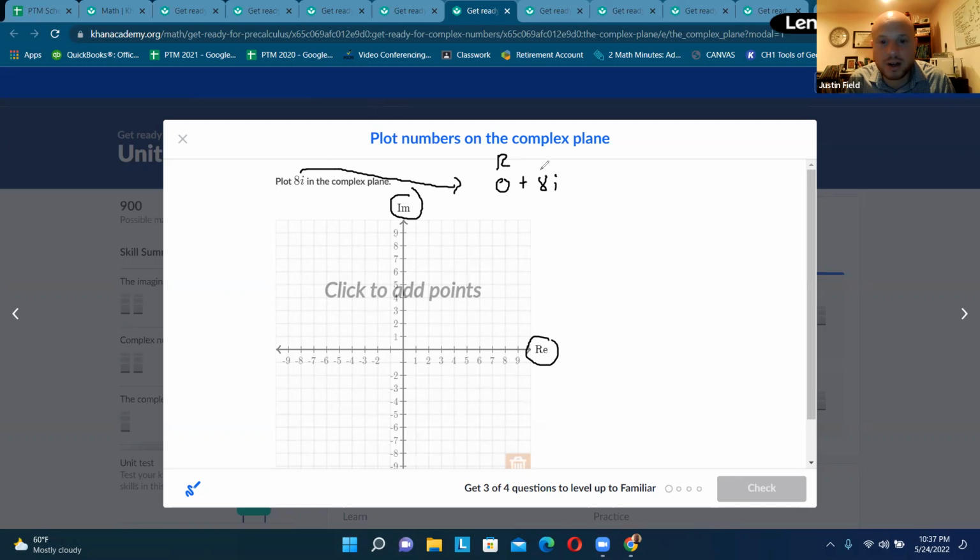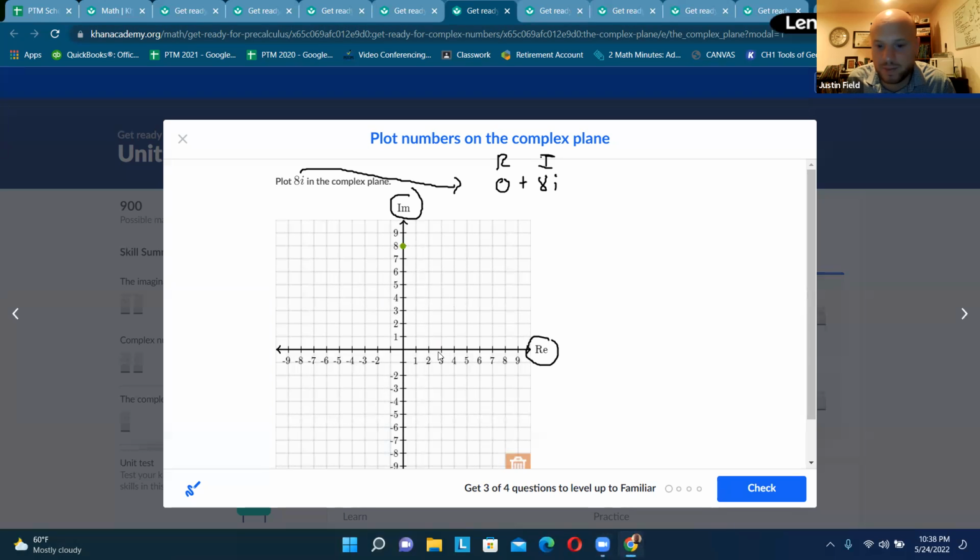That's the real part, the imaginary part. And you can now see why we don't include the i. Then we would have to write i's all along the imaginary axis, and that would be redundant. We've already labeled it the imaginary axis. And so up 8 on the imaginary axis is 8i, you see? And that's where this point is.